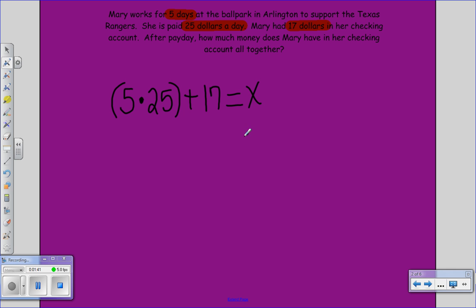You just need to be able to write out the equation. So our equation is 25 times 5 plus 17 equals X. And X is going to represent how much she had all together.